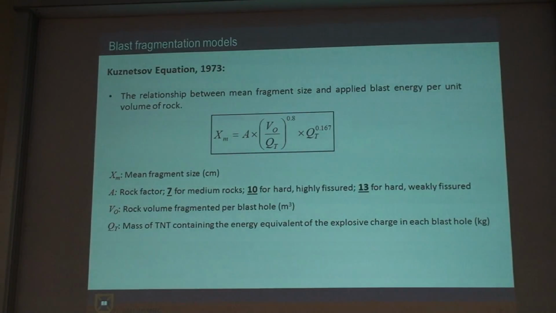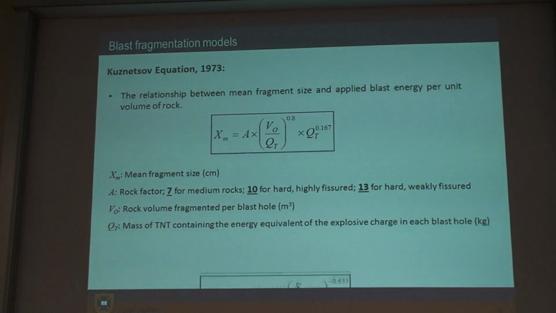The Kuznetsov equation presented in 1973 expresses the relationship between the mean fragment size and powder factor. We have a value, the rock factor, and as the ground becomes more competent, the value increases.